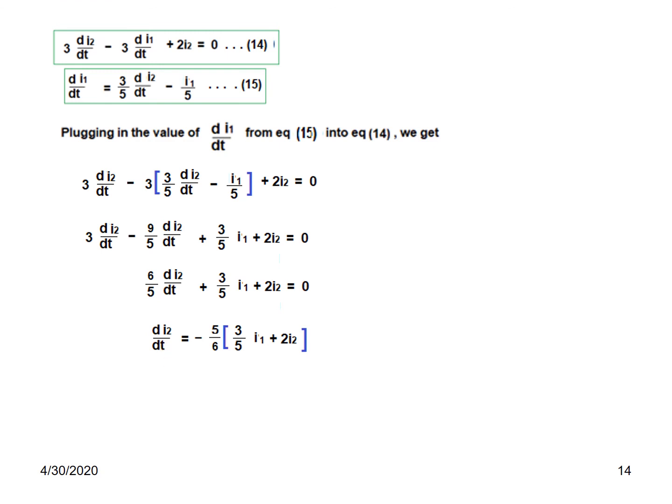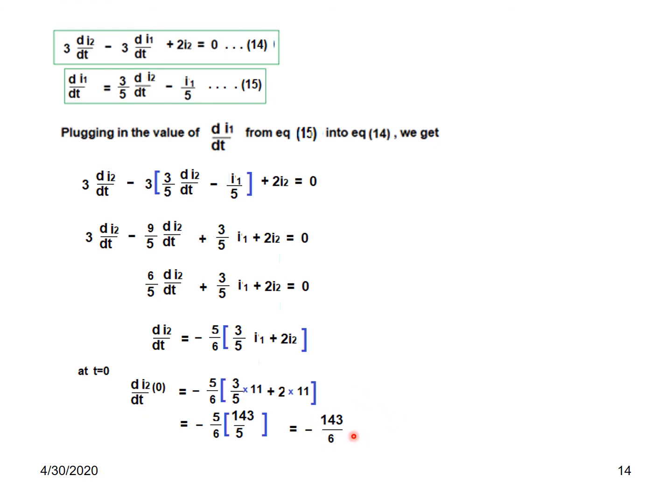And now we put t is equal to 0. So t is equal to 0, this one will become di2(0)/dt. And now we can plug in the value of I1 and I2 as 11, because this is given in the initial conditions. And so the final result is now minus 143 by 6 for di2/dt.